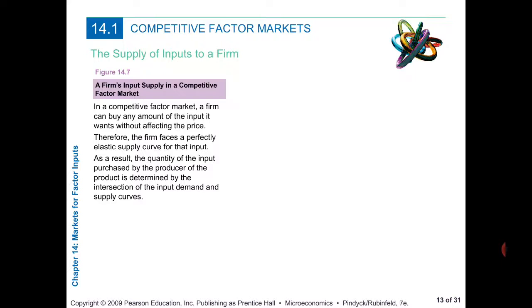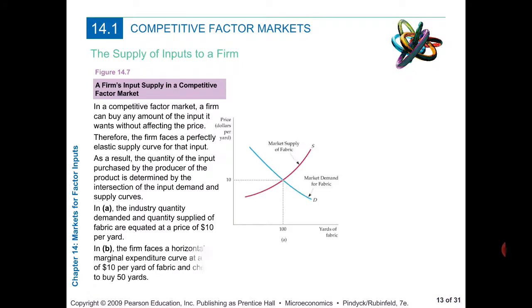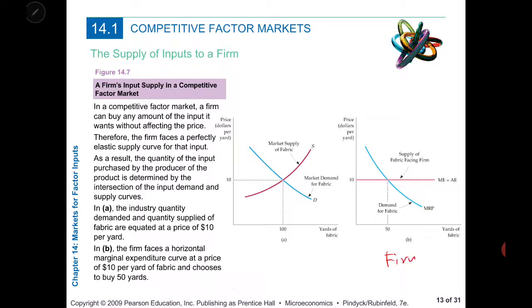Okay, let's look at the graph for you. So you, as the firm, are buying fabric. The story here is fabric. Fabric is input to make clothes.